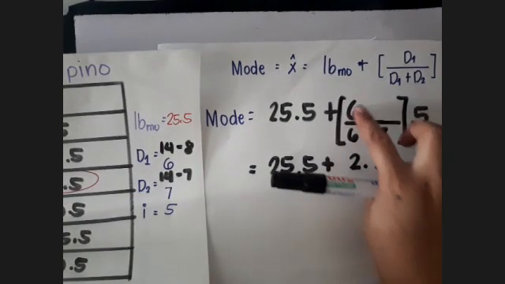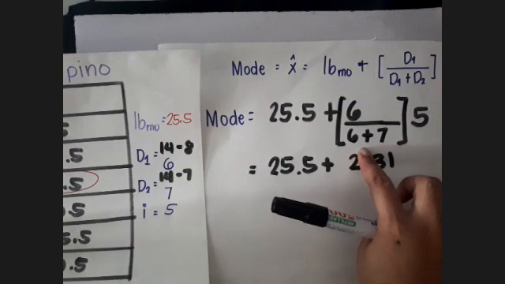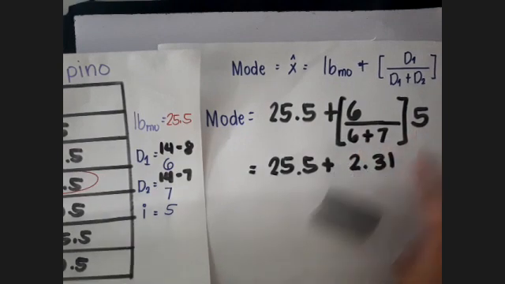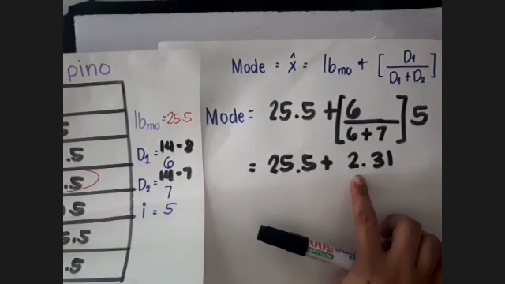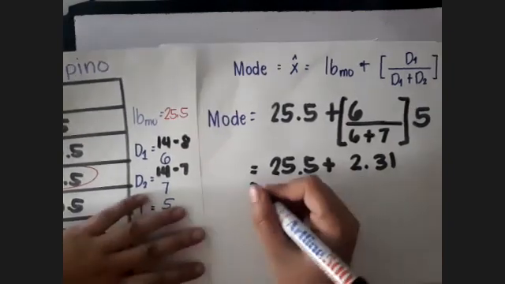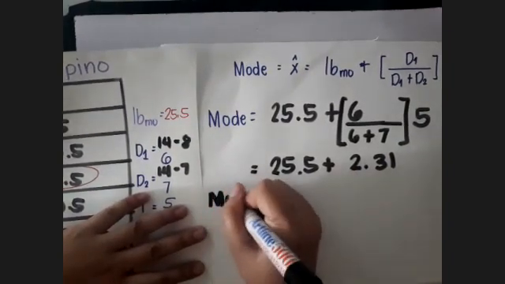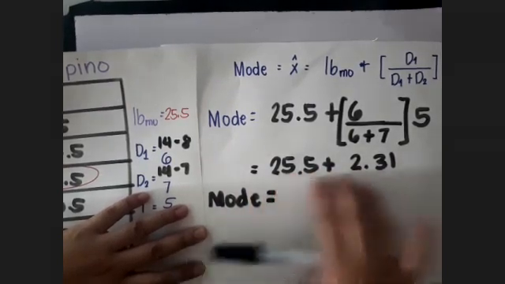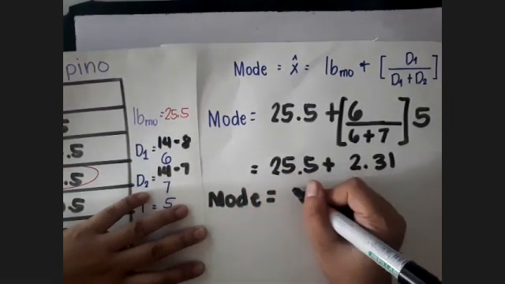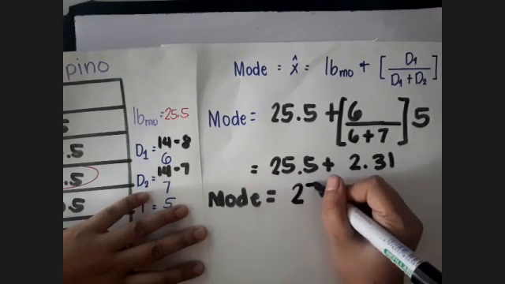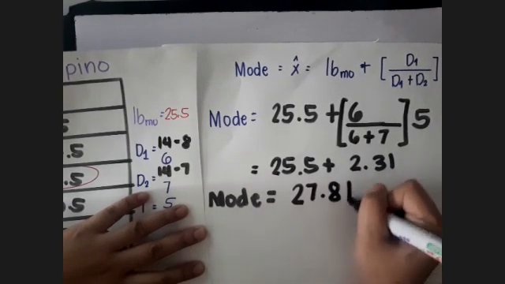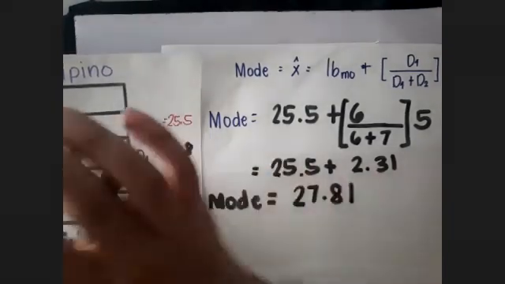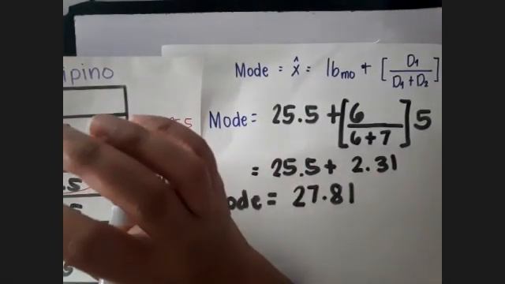So 6, i-divide natin sa 13 equals, tapos i-multiply kay 5. At makakakuha tayo ng 2.31. Next. Mode natin is 25.5 plus 2.31 makes 27.81. Meaning, or therefore, the mode of the mid-year test is 27.81.